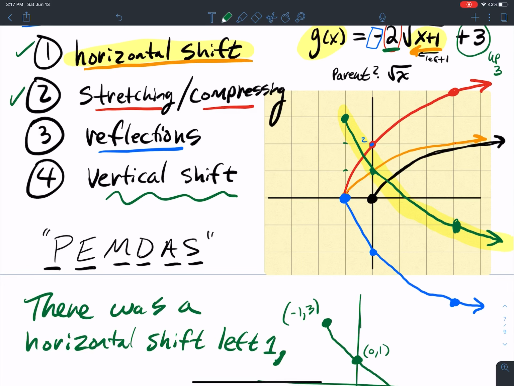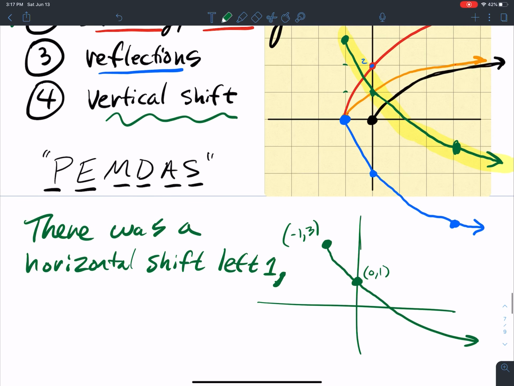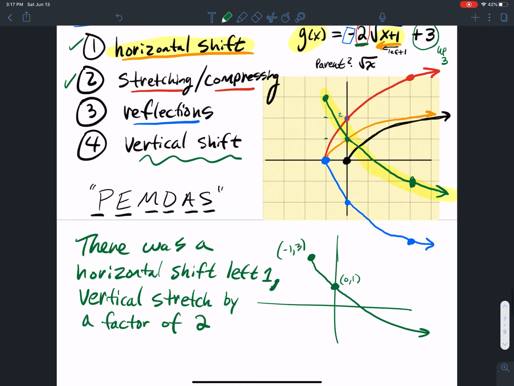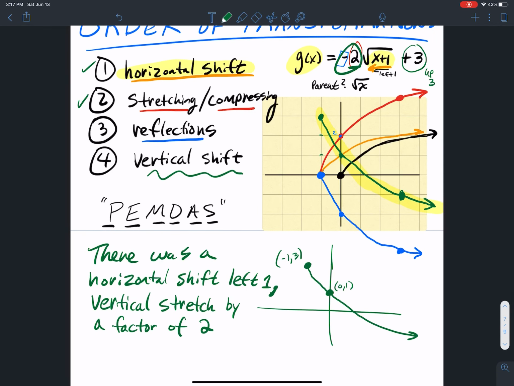With a factor of 2, that's a stretch. There was a vertical stretch by a factor of 2. Now you might be saying, well, there's a -2 in front, Mr. Clark. Why is it just 2? That negative tells me that I'm going to reflect it.